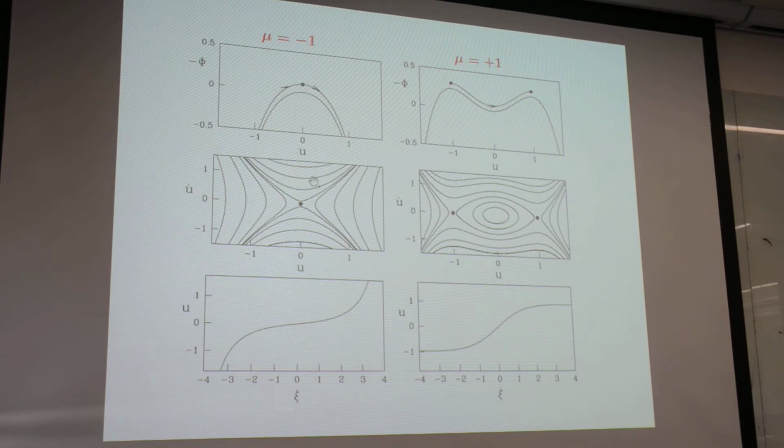We have some velocity as we're doing it. We're at u equals 0, but we don't have 0 velocity, and we keep going. This is at the top of the hill. You can imagine, since we're turning potential energy into kinetic energy to potential energy, it's at the top of the hill that our velocity is lowest. And indeed, that's the case. We come down on one of these trajectories, and our velocity is lowest, and we come back up.